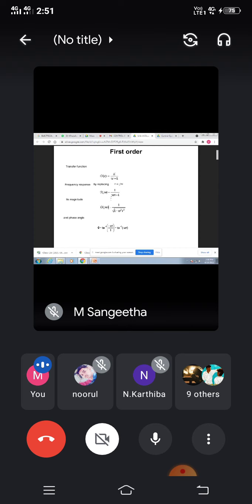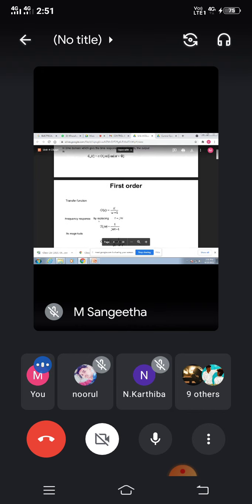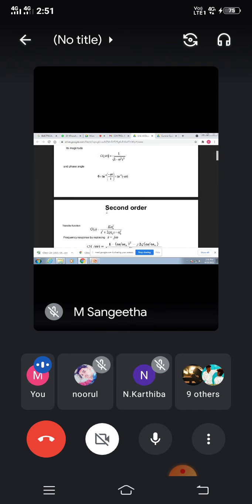So this denominator value moves to the numerator, and when the denominator value comes to the numerator, we put a minus sign for that. So I just put minus here. The 1 doesn't change. So we take tan inverse of minus omega tau. We have solved this first order equation. Let us move to the second order equation.